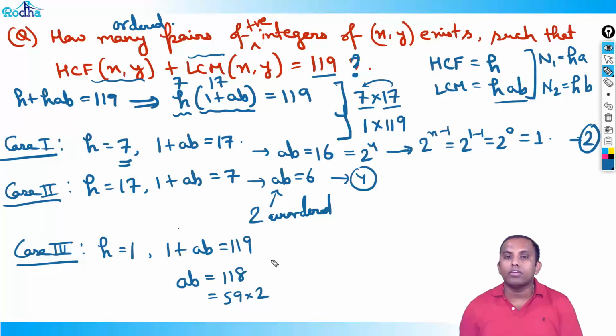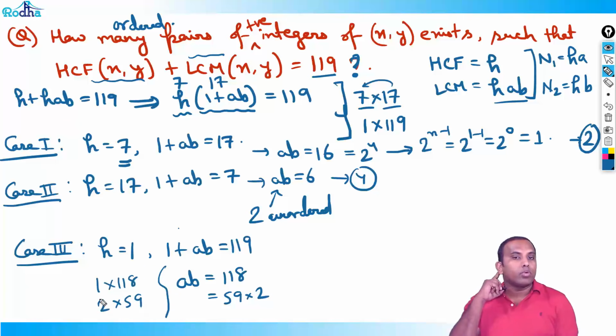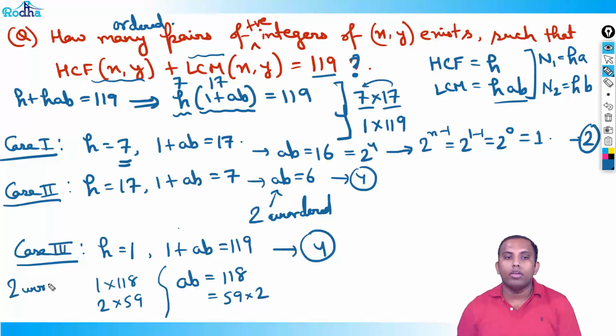Since only 2 prime factors, only 2 solutions, that is 1 into 118 and 2 into 59. So either 2 unordered or 4 ordered. Since variables are given here, I have to take 4 ordered.